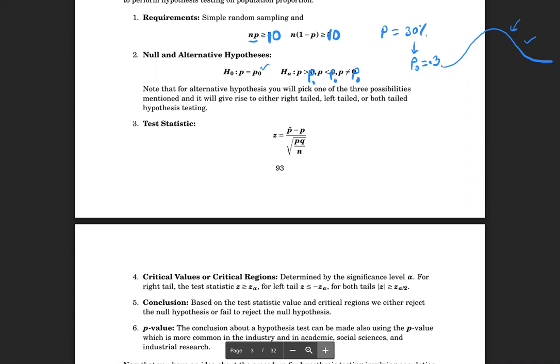Now, the test statistic is this: P hat minus P over the square root of P times Q. By the way, Q is nothing but 1 minus P, the complement of P. So 1 minus P, all of it divided by sample size n. This, by the way, has an approximately normal distribution with a mean of 0 and a standard deviation of 1.